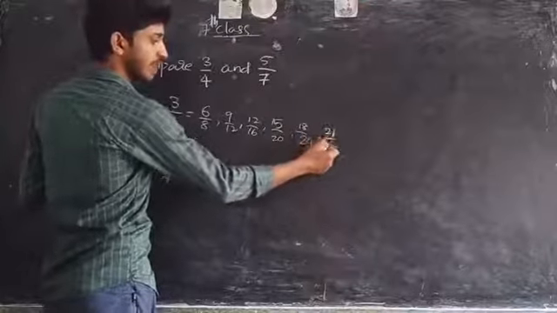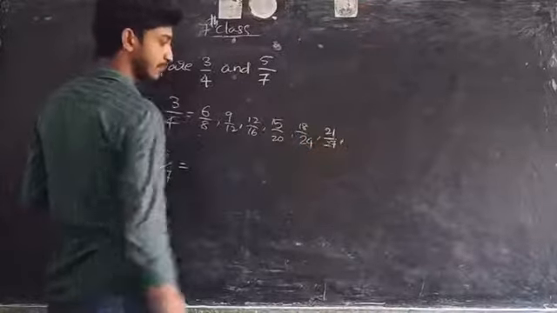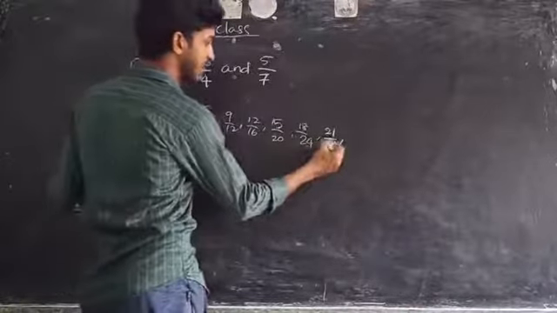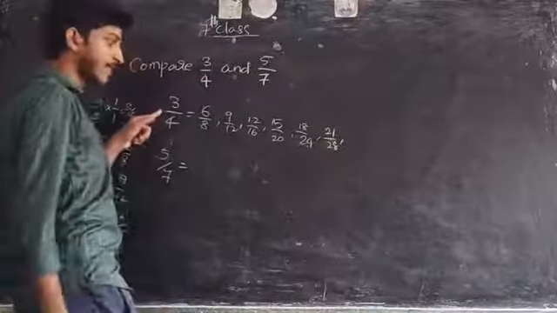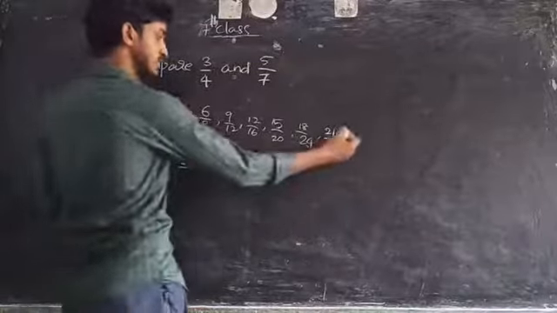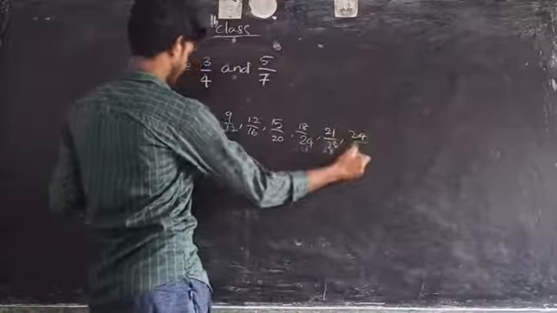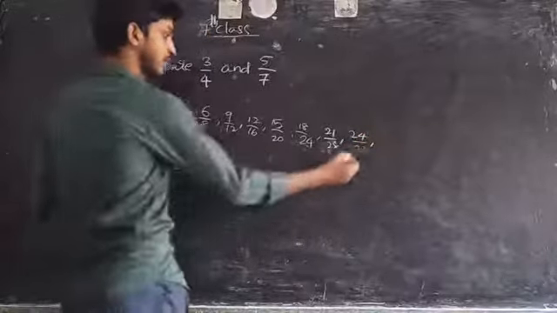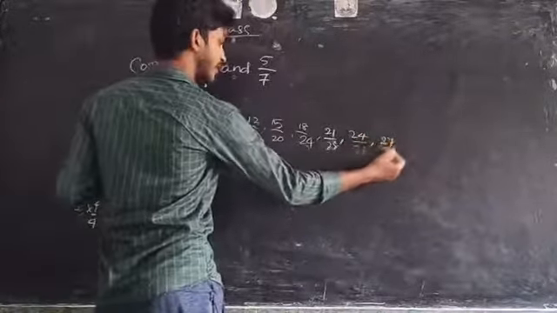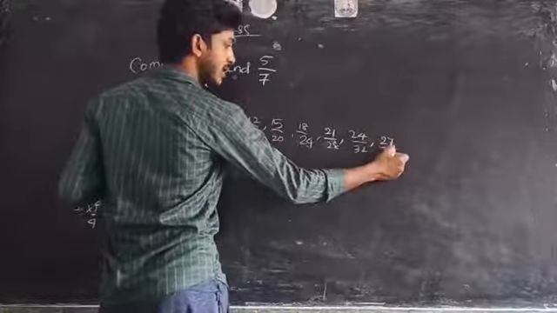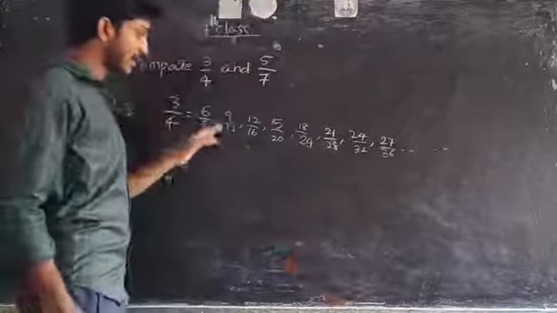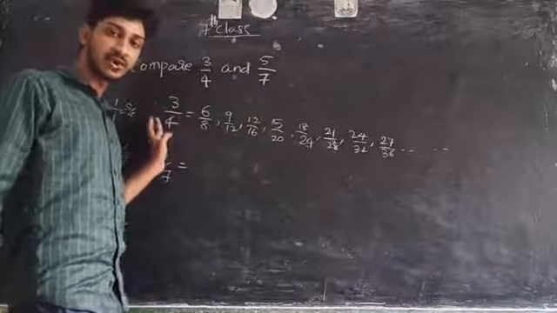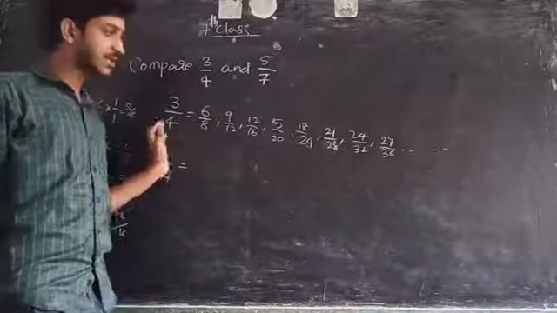Next one 21 by 28, and 3 by 4 into 8 by 8, 24 by 32, and 3 by 4 into 9 by 9, 9 3s are 27 by 9 4s are 36, and so on. These are the multiples of 3 by 4.